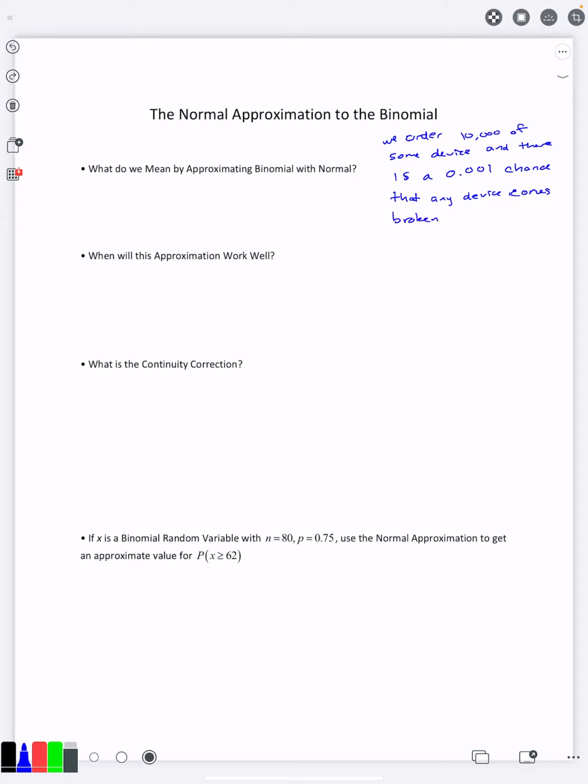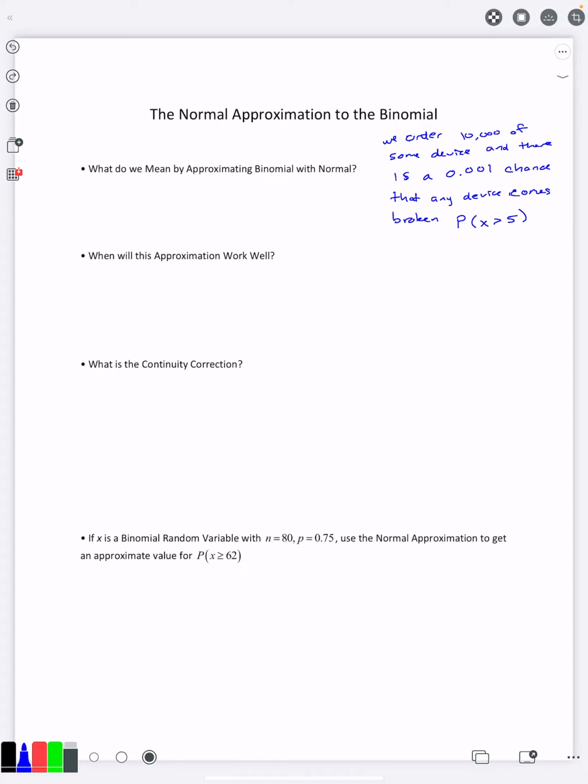And so what we'd like to do is say, well, maybe if we have one or two broken things, we can still get by with the rest, but we don't want to place an order and have a whole bunch of them broken. So what's the chance that we have more than, let's say, 5 broken in our order? Maybe that's our cutoff before we're not happy with our shipment anymore.